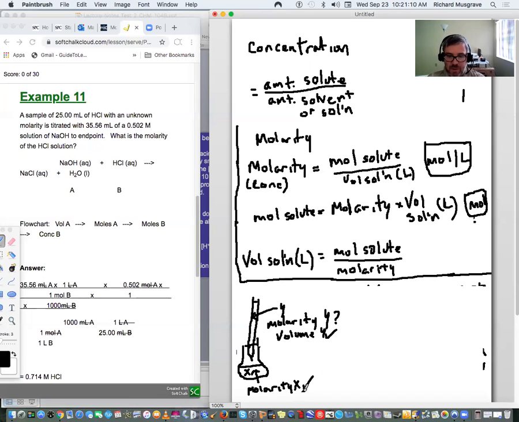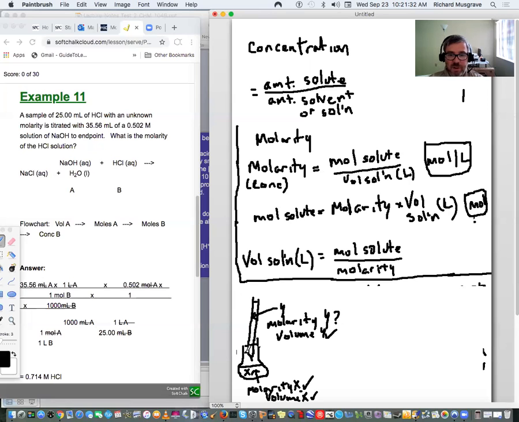So we know the molarity of X. We also know the volume of X as well. And we don't know the molarity of Y, but we do know how much Y was added to X through the burette.